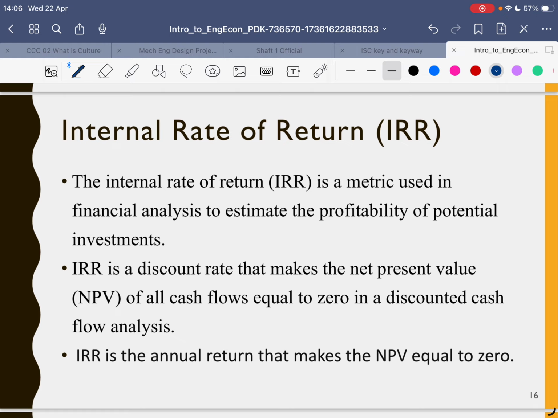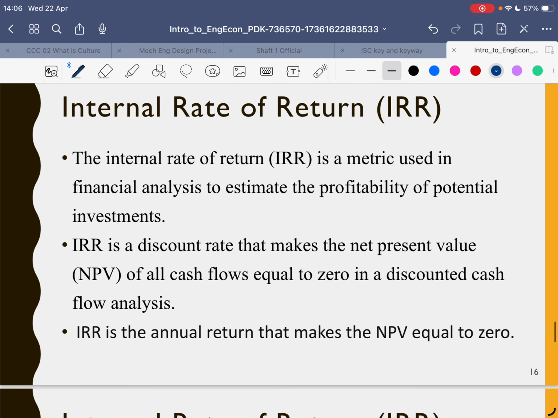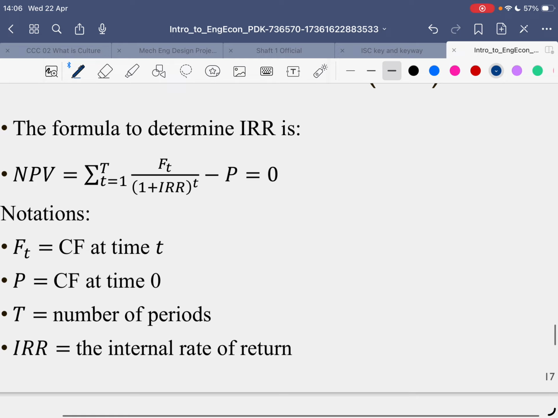Let's say the project lasts for 5 years, and you have returns, high and low like this. This is F1, F2, F3, F4, F5. You want to find the I that makes this net present value equal to 0.